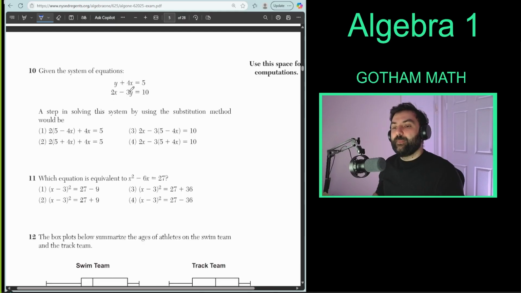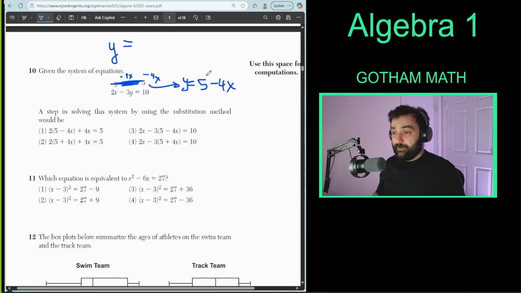We're not allowed to substitute anything before we have y equals. And there is no y equals here. It's y plus 4x. So we're going to subtract 4x from both sides, having now y equals 5 minus 4x instead of the first one.